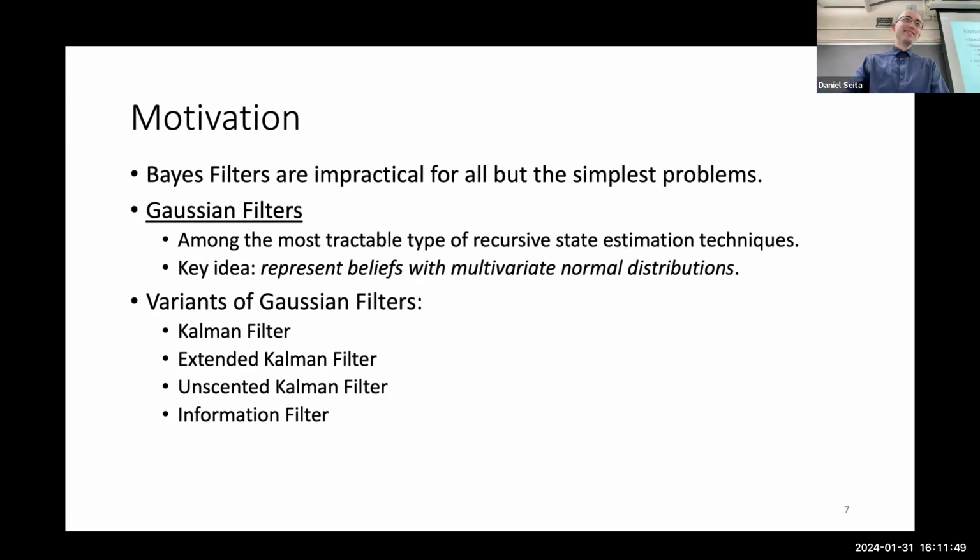Hopefully you'll see in today's lecture why we went through all that trouble of defining what a multivariate Gaussian means and how you write out the density function. Everyone has memorized the density by now, hopefully. The variants that we'll cover are the Kalman filter and the extended Kalman filter. The other two are interesting, but I don't think we have time to cover them, so they're in the book. You can look at them after this class.